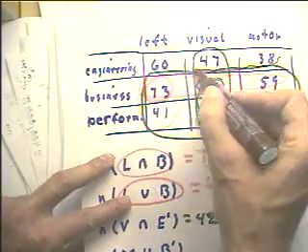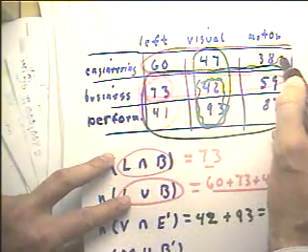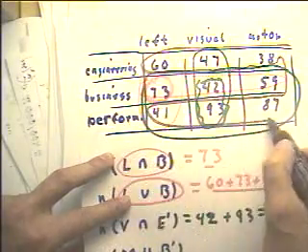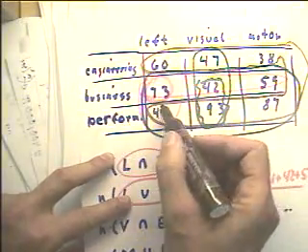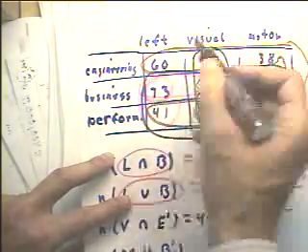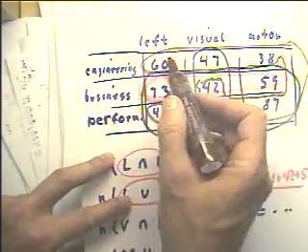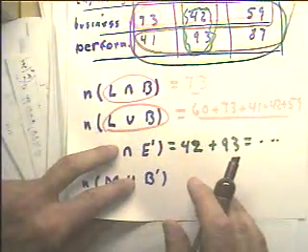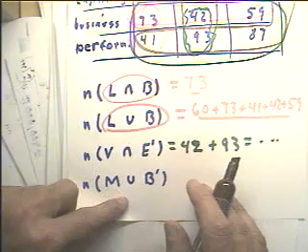That's going to consist of the engineering and the performing arts. So we see that we've got this two-pronged region here that encloses the engineering and the performing arts. And that is B prime.